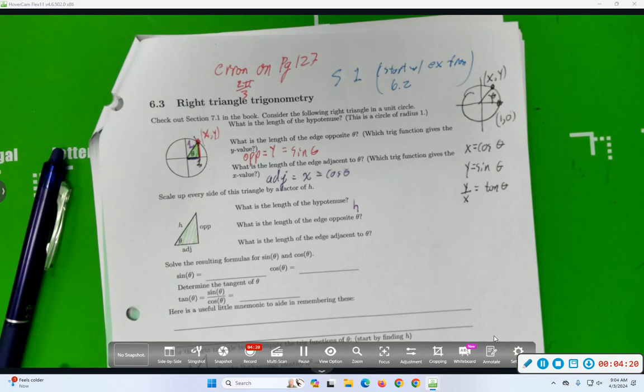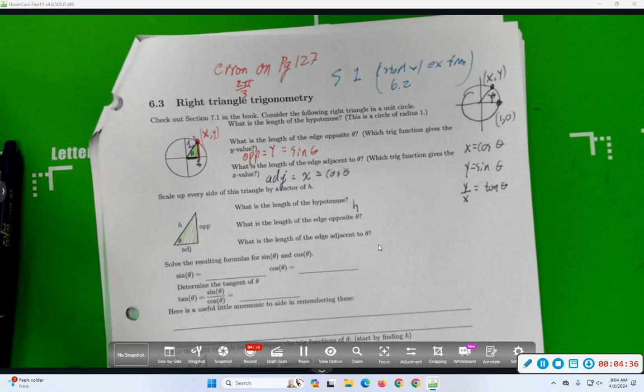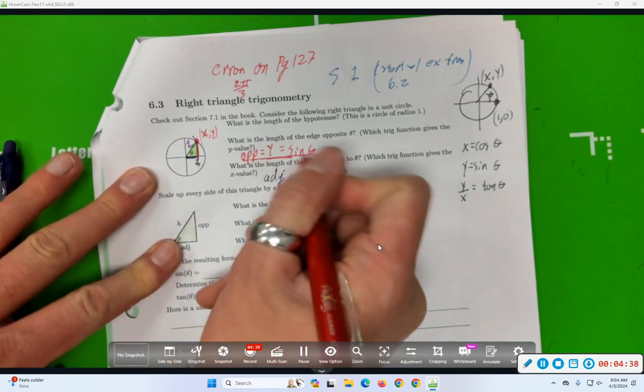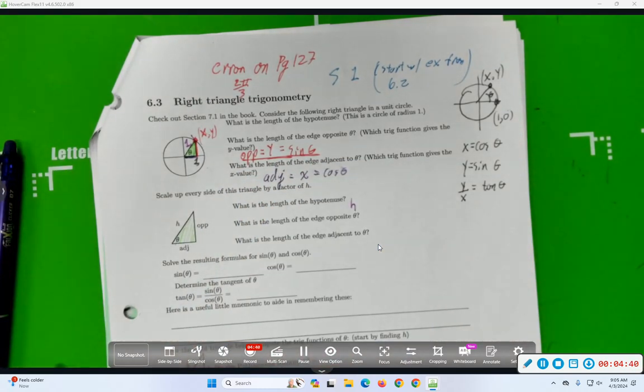What is the length of the side opposite theta? Before I multiplied all the side lengths by h, sine of theta was the opposite side. So after I multiply all the side lengths by h, what's the length of that opposite side?